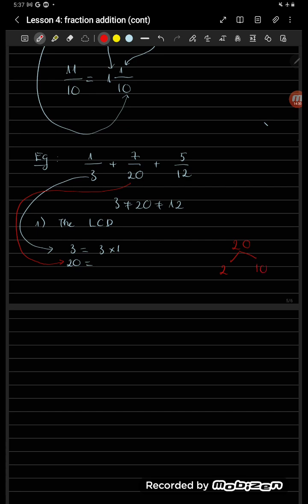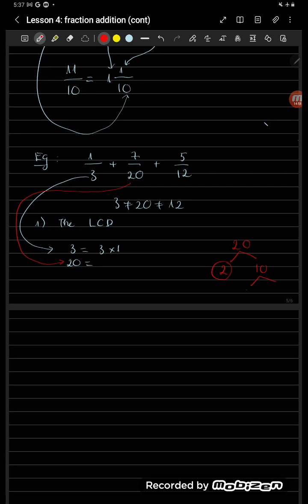In 2 and 10, 2 is a prime number, so we don't do anything further with 2. Now 10 here is not a prime number, so it means we need to continue breaking it down. Since 10 is not a prime number, we can break 10 into a product of prime numbers.